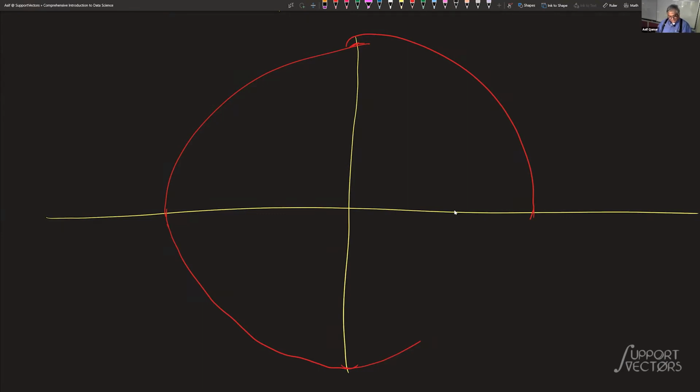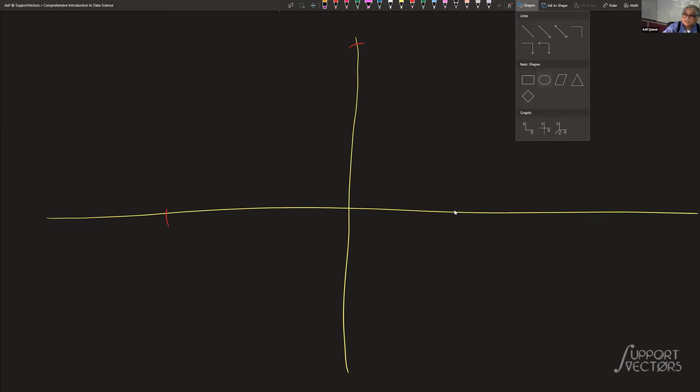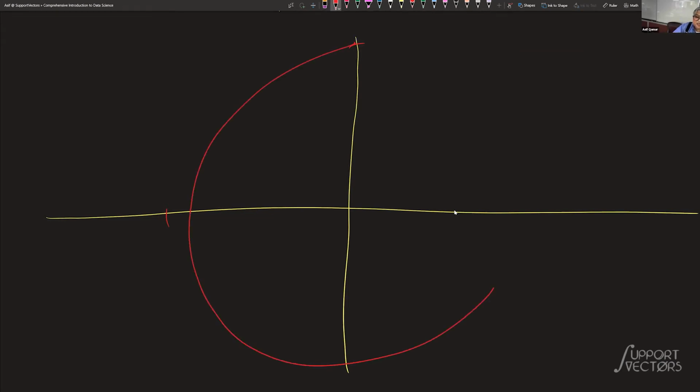Thank you for telling me that. Shapes. Circle. And how do I do the circle now? Control and then drag, I think. Control and... That's okay. Well, okay, I didn't get a circle, but we'll take this lemon to look like a circle, right?